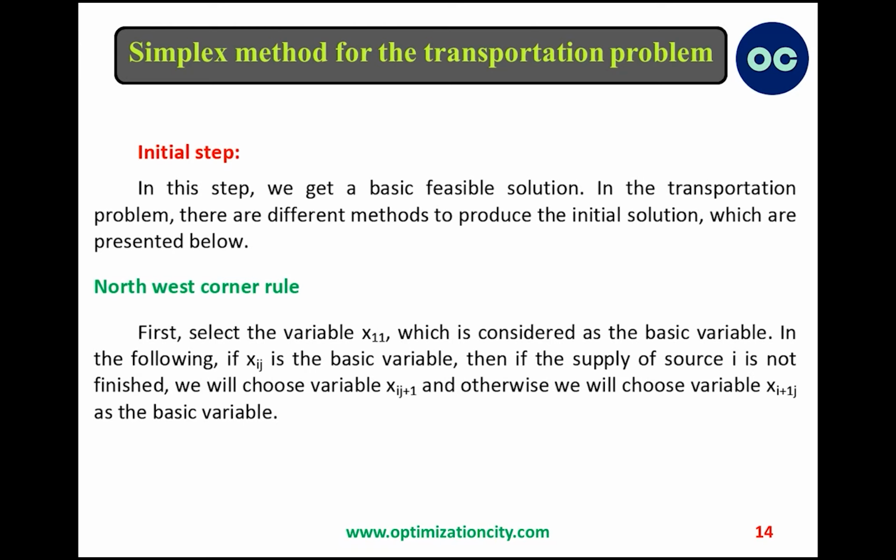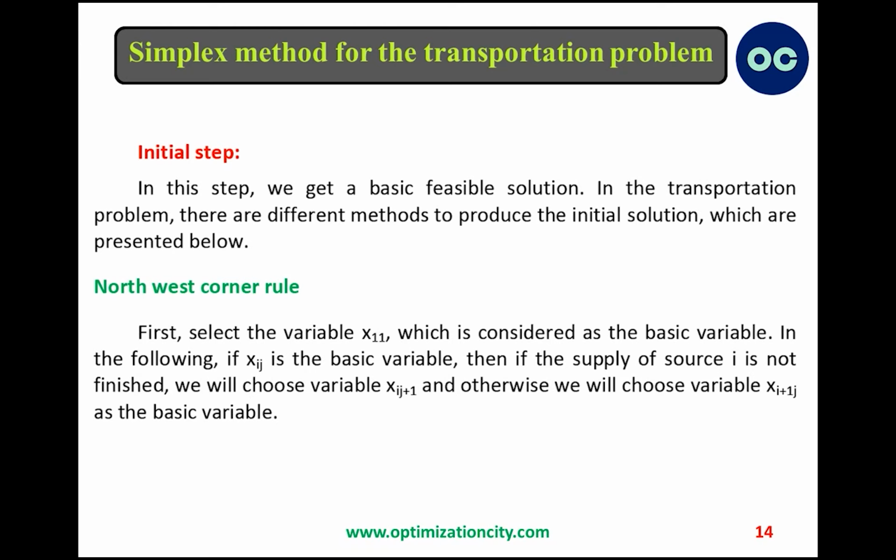So, what happened in this rule? We first select the variable x11 here as a basic variable. Then following the northwest corner rule, if xij is a current basic variable and the demand from source i is not exhausted, we choose the variable xi,j+1 as a basic variable for the next iteration.